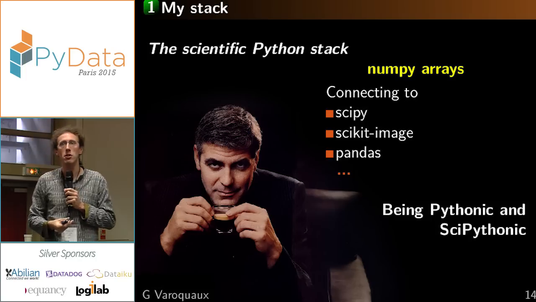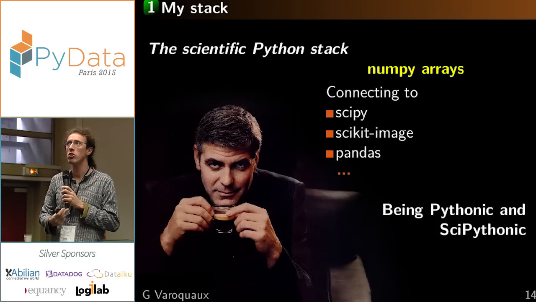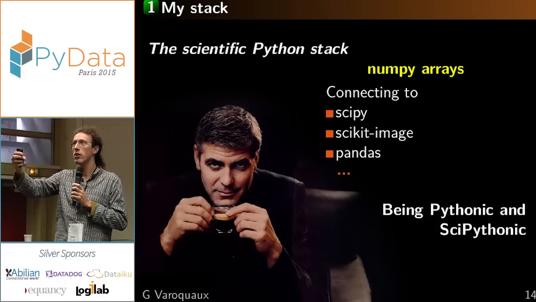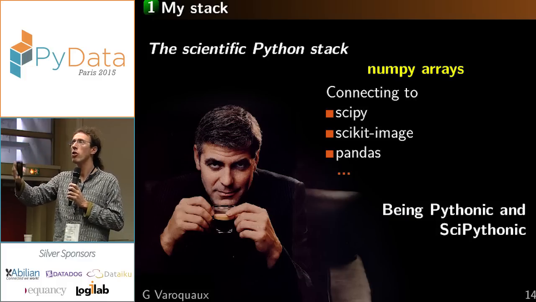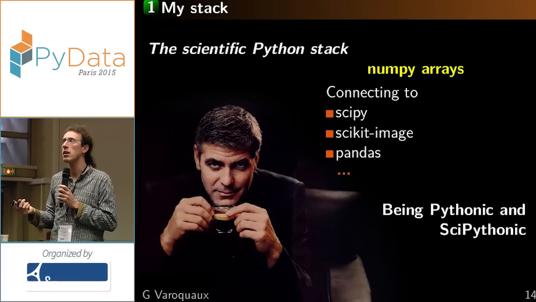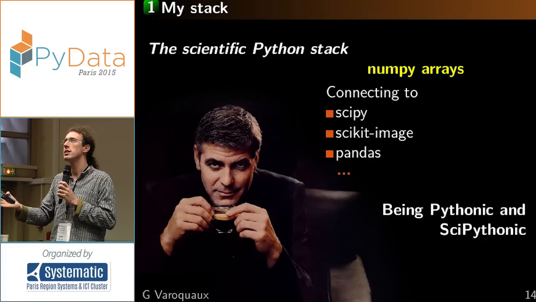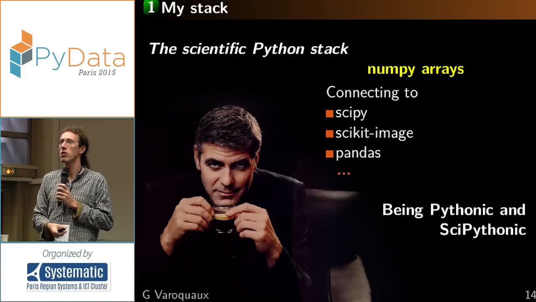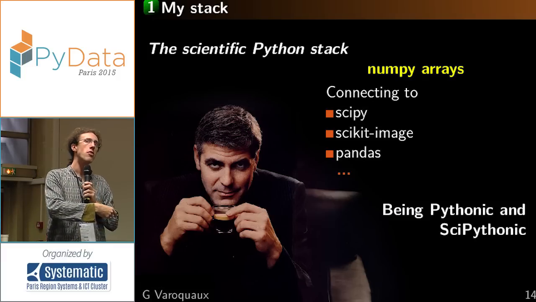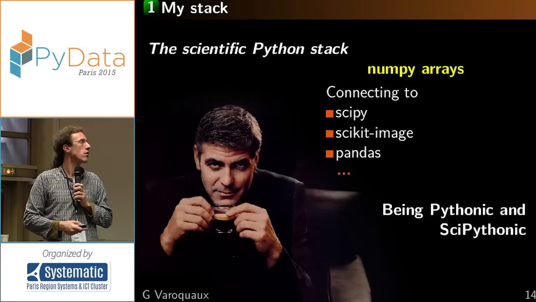Also, one thing that was extremely important for us is that we wanted the code to be Pythonic, which is basically light with duck typing, so you don't have to worry too much about the types. And SciPythonic, by this I mean basically NumPy arrays and the ability to plug things together. That was extremely important for us. I think these are the reasons why we started scikit-learn.